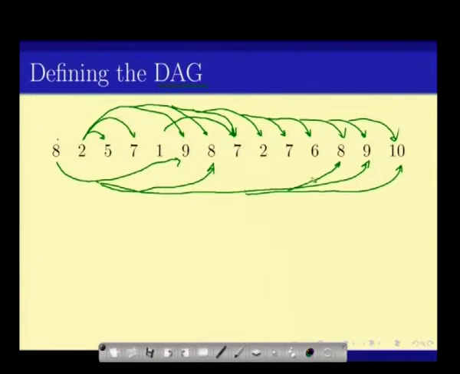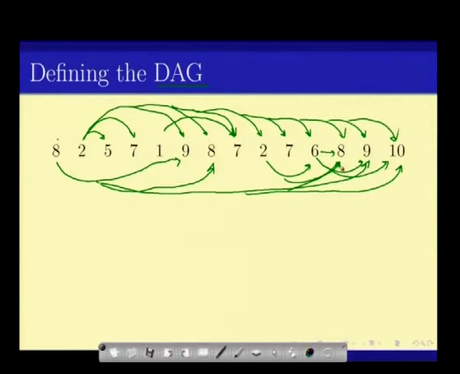I have not been able to complete this whole graph, because it will take me quite some time, but this is the idea in general. So, you completely create this DAG. The number of steps required to complete the DAG is around order n squared, because I have to look at any two elements in this sequence and join them by an edge.